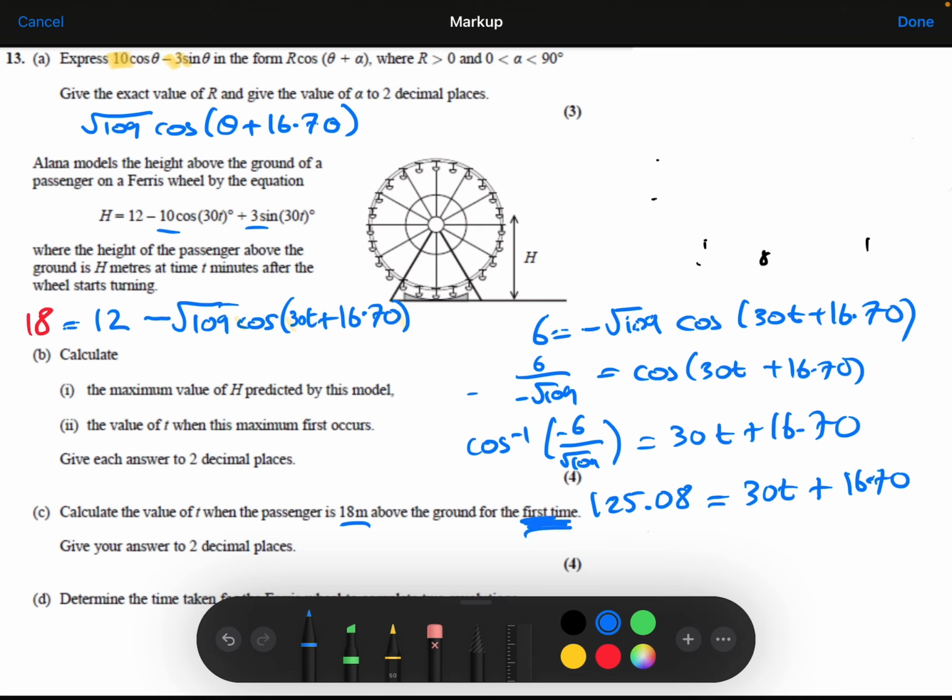Notice I only want the first time here, so I'm not going to draw any graphs or anything like that. I can just subtract the 16.7 from both sides and then divide both sides by 30, and I get 3.61. That's the value of t when the passenger is 18 metres above ground for the first time.